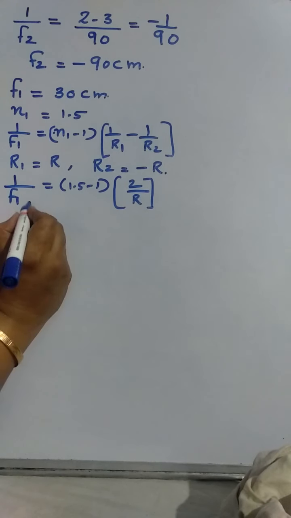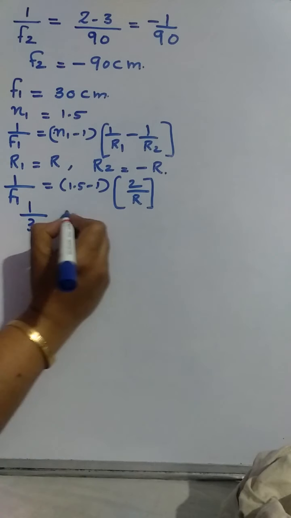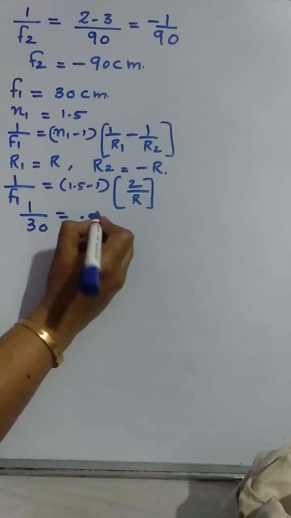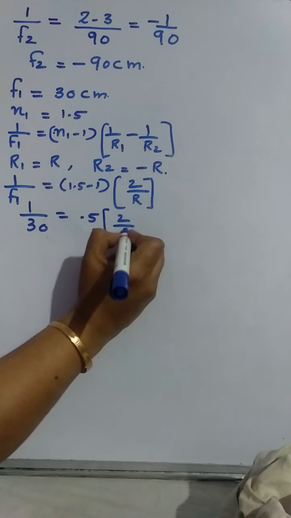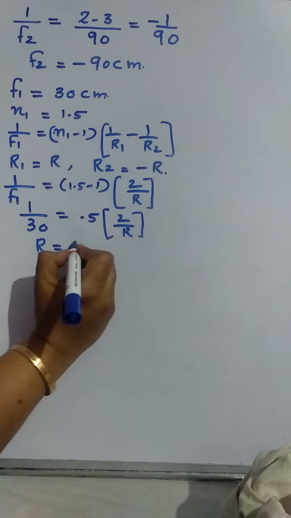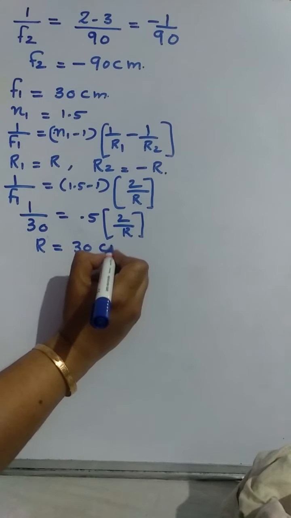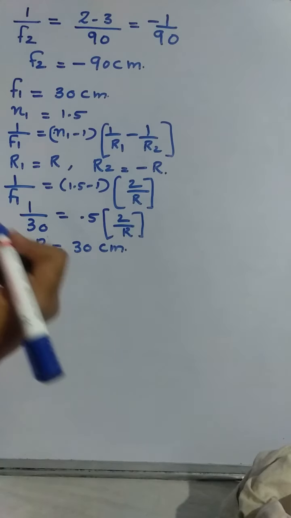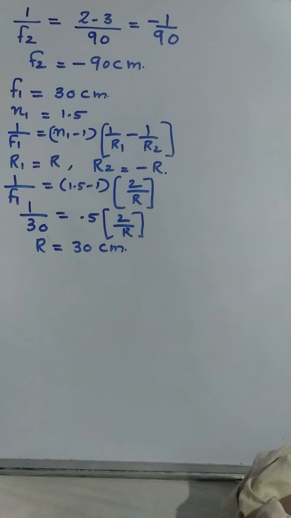F1 is equal to 30 centimeter, that is 1 by 30 is equal to 0.5 into 2 by R. That is radius of curvature R is equal to 30 centimeter. That we got. Now we have to calculate the refractive index of the liquid.